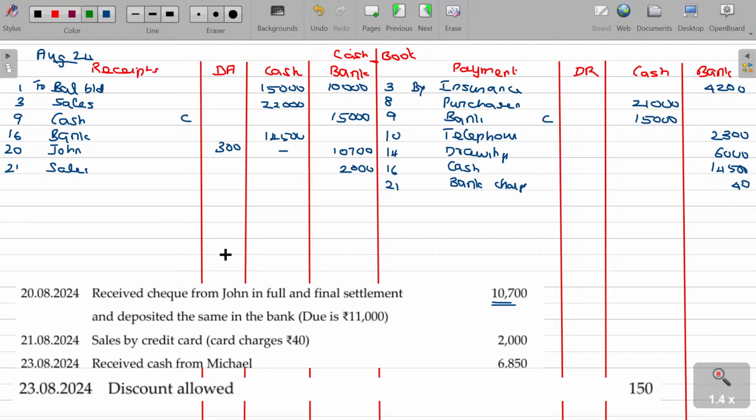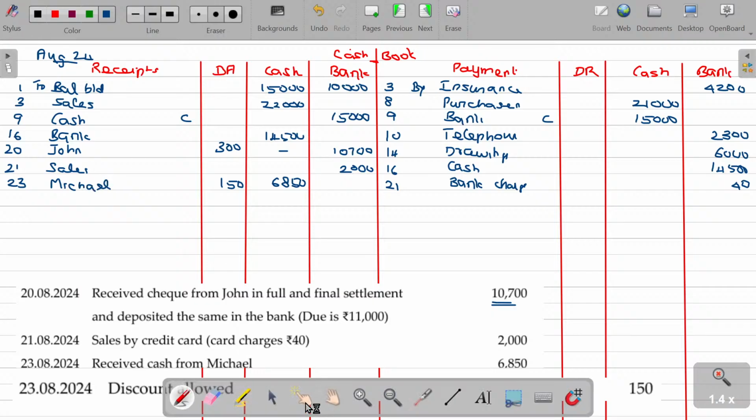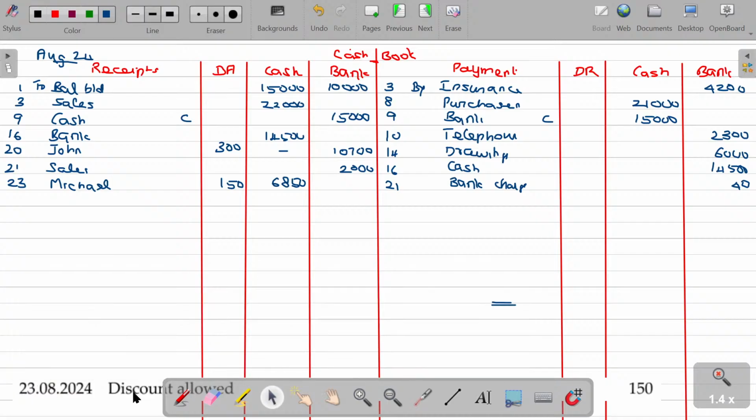Then on the receipt side, Michael has given me 6,850, with 150 being discount allowed. The date being 23rd. From whom is the money received? Michael. The amount received in cash form. Is that clear? Posted up to this point.